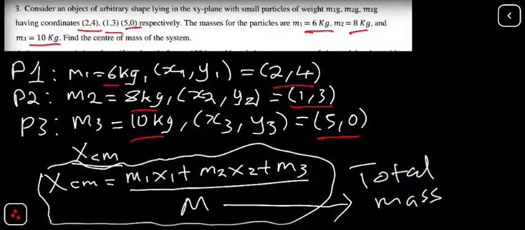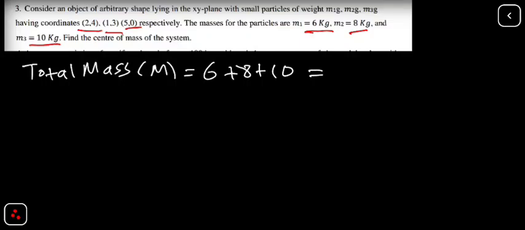Let us calculate the total mass. You just sum up all the masses given, and you're going to find 24 kg. That is our total mass.